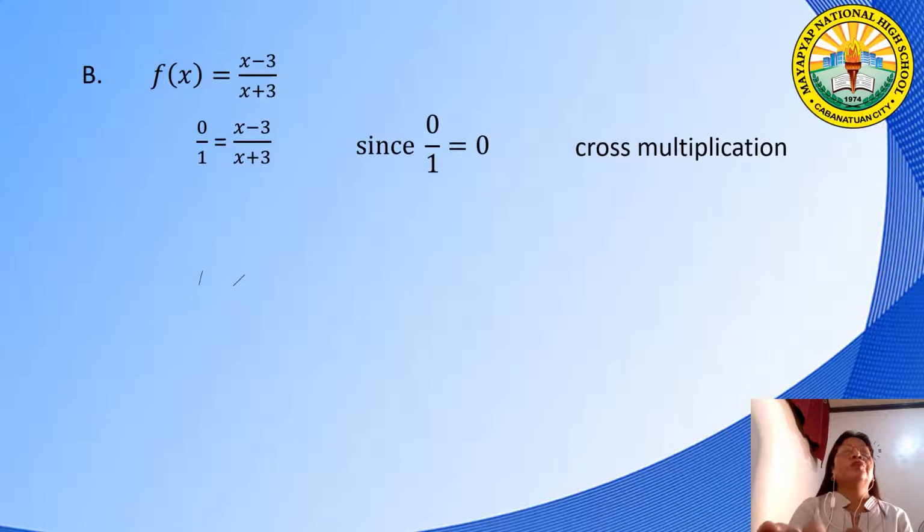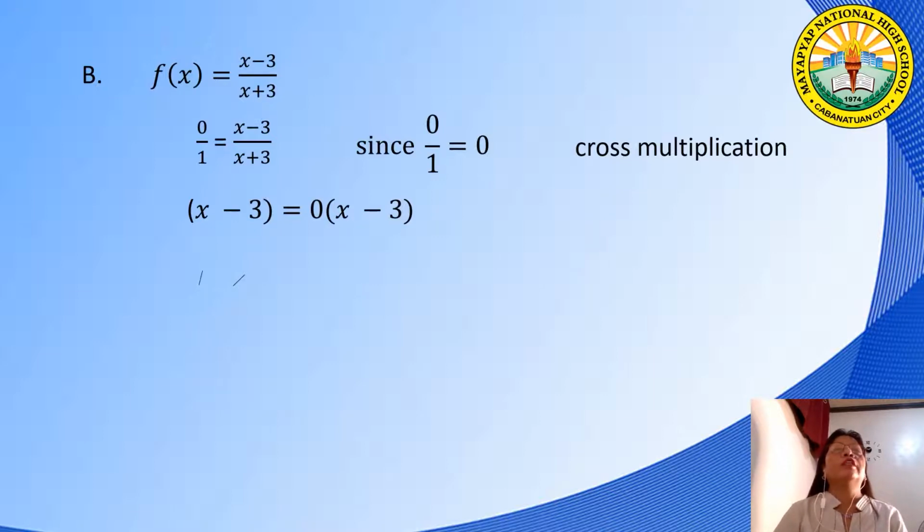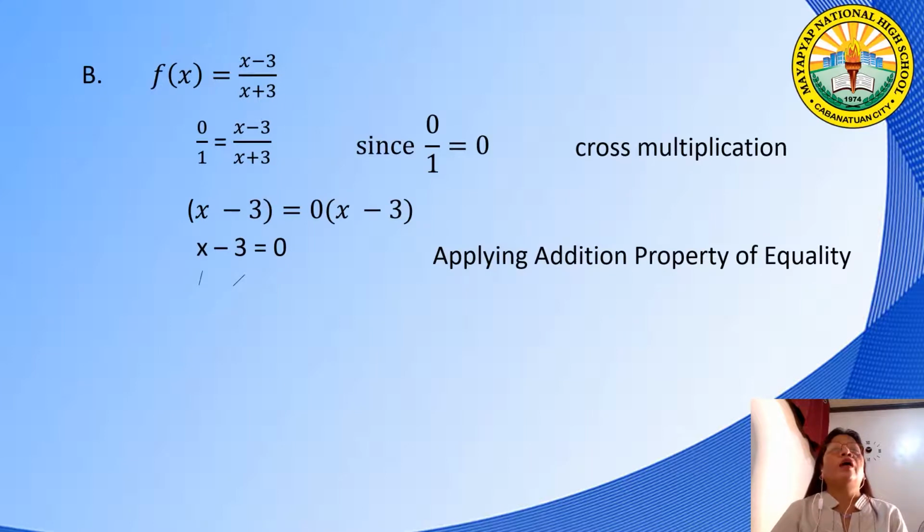Then by cross multiplication, we have 1 multiplied by quantity x minus 3 equals 0 multiplied by quantity x plus 3. To simplify, we have x minus 3 equals 0. By applying the addition property of equality, you may add positive 3 on both sides of the equation so that x is equal to 3.